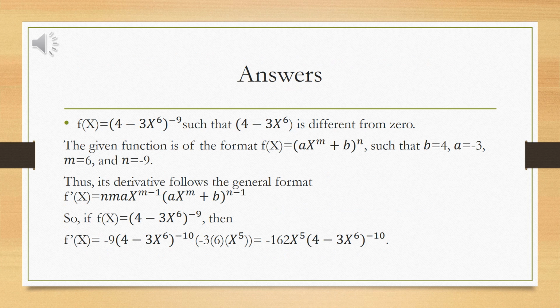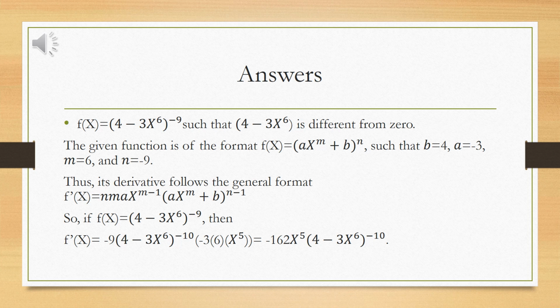f of x equals 4 minus 3x to the 6, all of it to the power minus 9, such that 4 minus 3x to the power 6 is different from 0. The given function is of the format a times x to the power m plus b, all of it to the power n, such that b is 4, a is minus 3, m is 6, and n is minus 9.